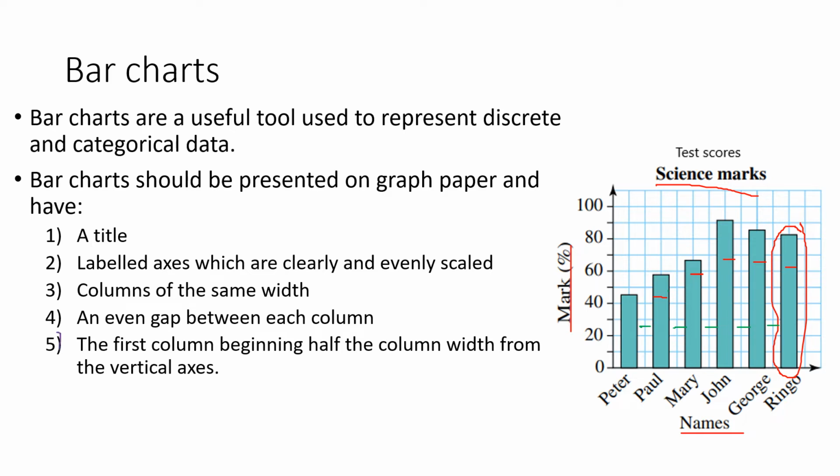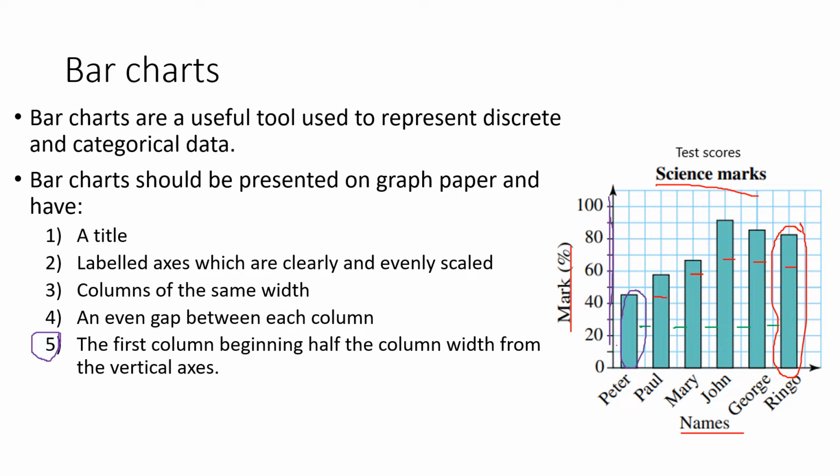Point 5 says the first column needs to begin half the column width from the vertical axis. So this here is our vertical axis. And as you can see, we did not start our first bar right along the vertical axis.